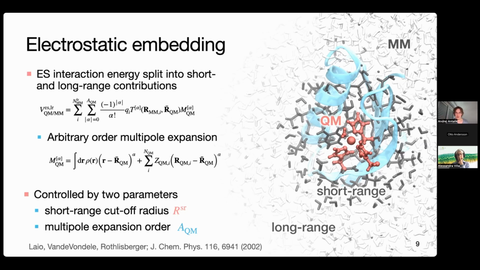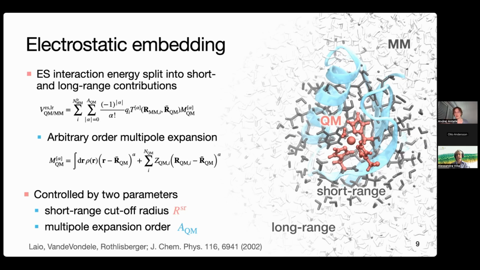The generalized part of this is that in MiMiC, we implement this scheme with equations that are implemented in an open-ended way, meaning that compared to the original scheme, where you could control the approximation with only one parameter, that is the short-range cutoff radius, now we can also control the multipole expansion order.